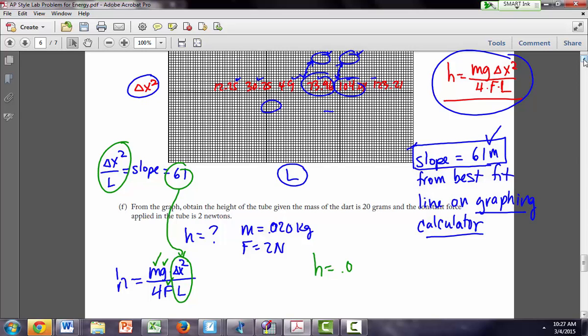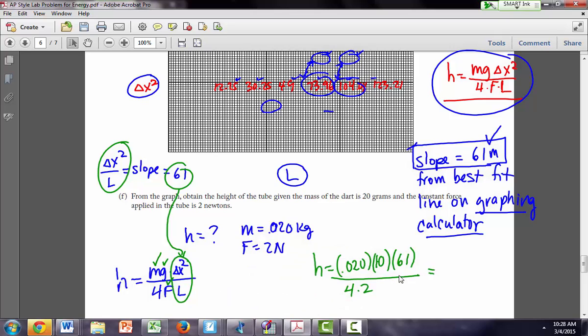So m is 0.020. g, I'm just going to use 10, sorry. I just said not to use negative, and I did. 10 times 61, that will be my delta x squared over L, times 4, divided by 4 times 2. So when I solve that, I get the answer of 1.5 meters.